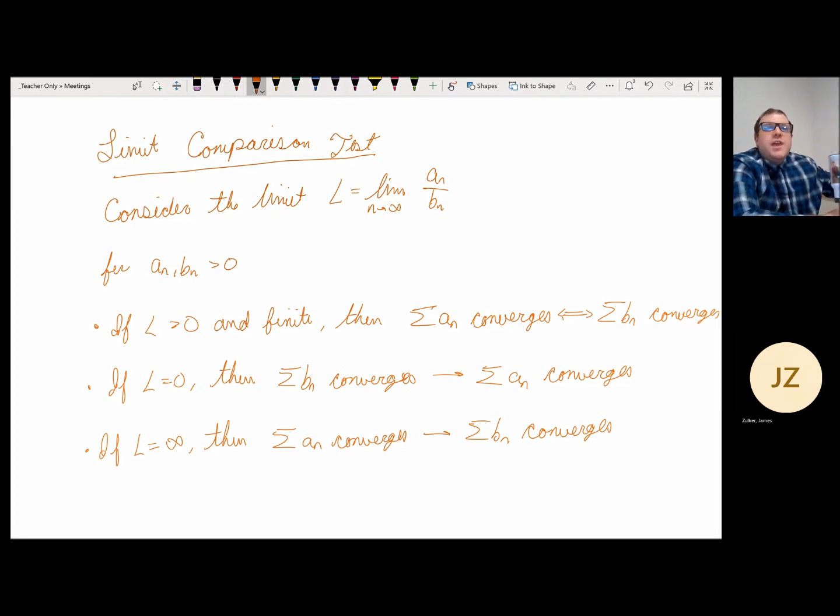Again, this falls into the first case of direct comparison, except now your a sub n is your larger series, because the only way that limit is infinite is if a sub n is larger.